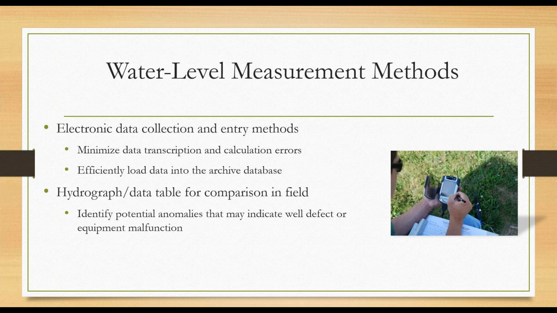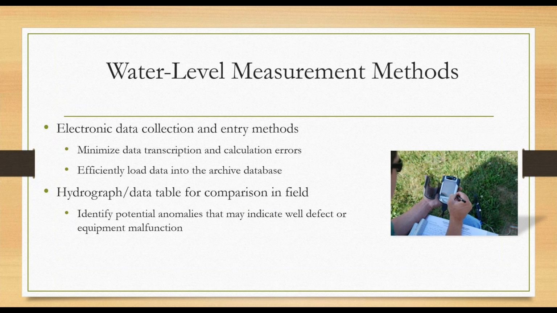Also, by using electronic collection, we have a system called SVMAC, Site Visit AQUARIUS. This application is set up to show you a hydrograph and a data table at the site that you're sitting at so that you can take the water level measurement and do an immediate comparison to see if that water level measurement makes sense.